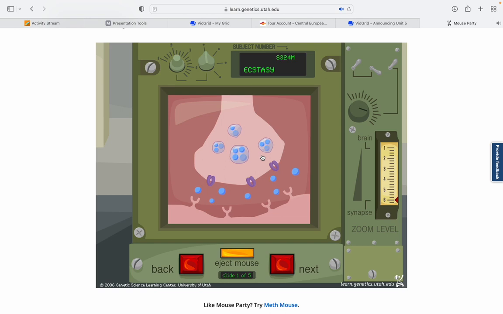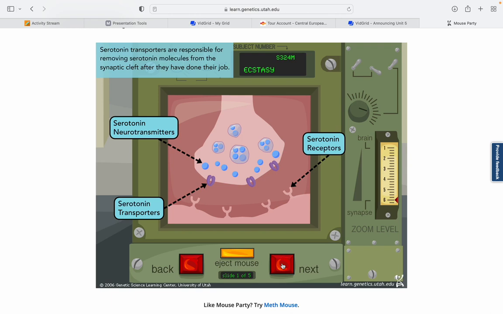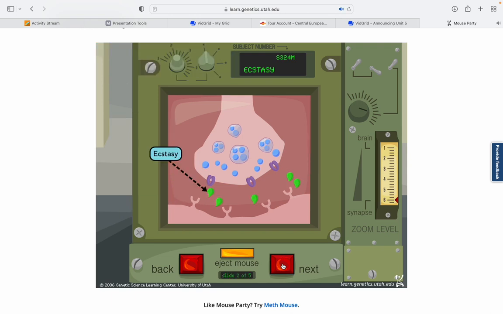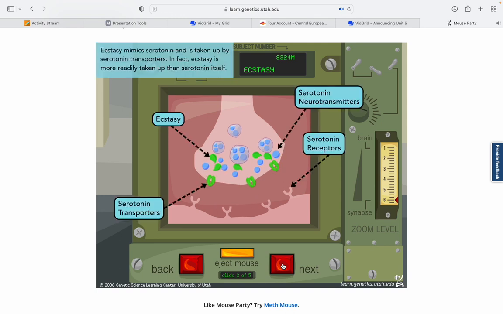Serotonin transporters are responsible for removing serotonin molecules from the synaptic cleft after they have done their job. Ecstasy mimics serotonin and is taken up by serotonin transporters. In fact, ecstasy is more readily taken up than serotonin itself.